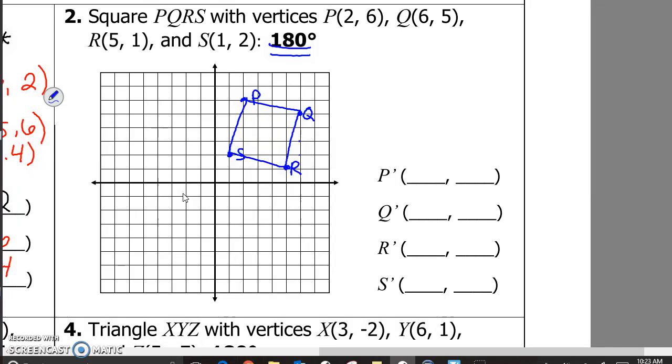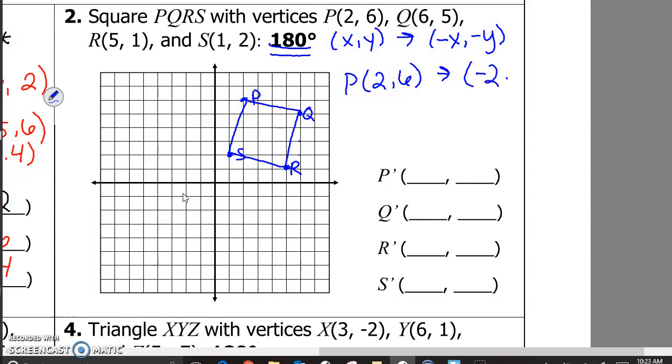So that rule for 180 degrees, if we have x, y, the points change to -x, -y. Okay, so point P originally is 2, 6. So the new point, all we do is change the sign, -2, -6.